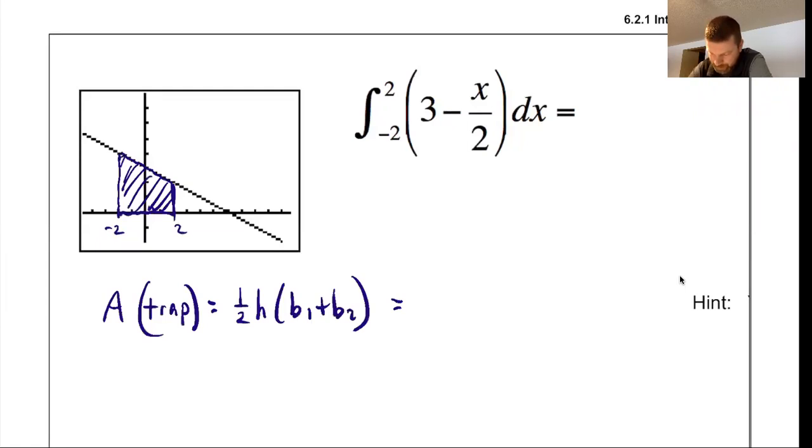I could say, hey, I can take this large triangle right there, and I could take off this orange triangle right there. And if I find the area of the pink triangle and subtract off the area of the orange triangle, I'll be left with just this area right here, which is what I'm looking for. So you could use a couple of triangles, you could use a trapezoid formula, whichever you like.